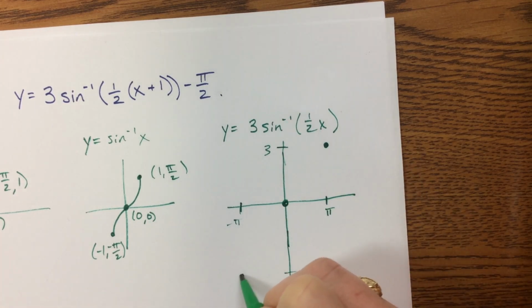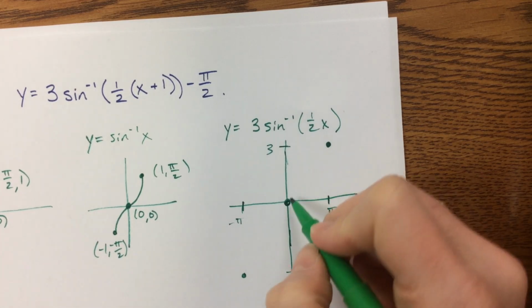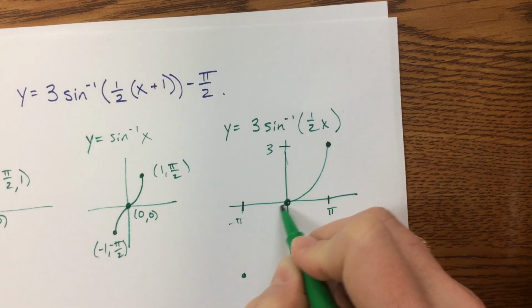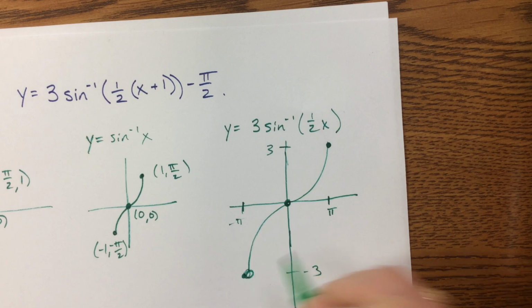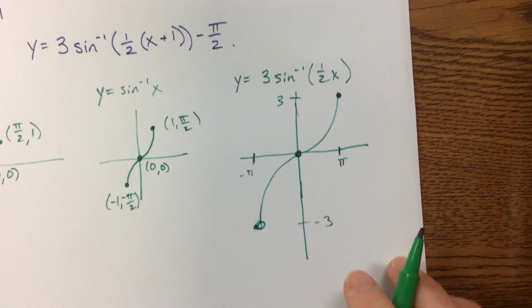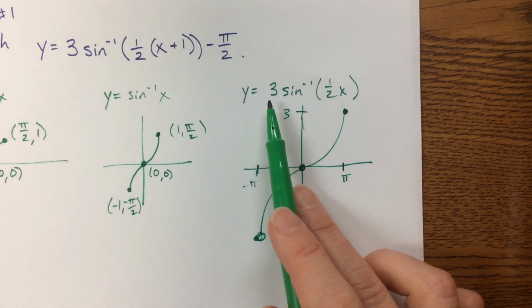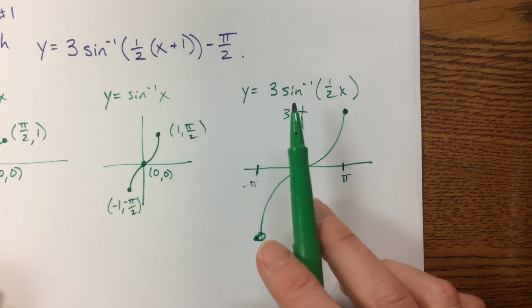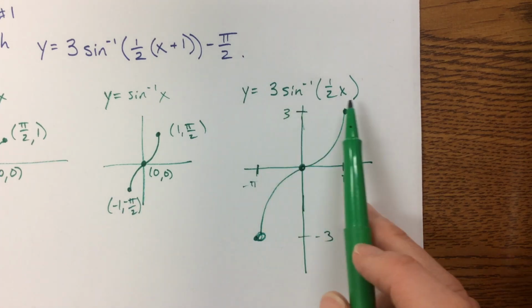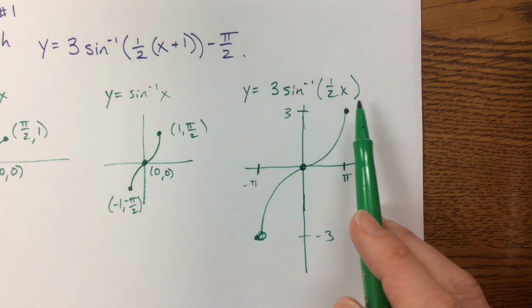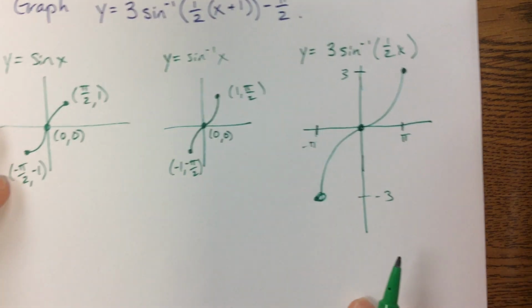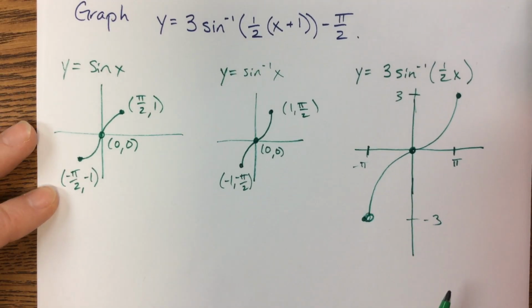Whatever, the scale may not be exact, but there we go. Something like that. Now I have done the stretches. Notice this was a vertical stretch by a factor of 3, a horizontal stretch by a factor of 2. And now that I have that, I can do the shifts.